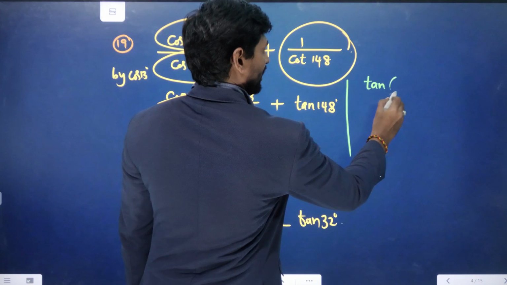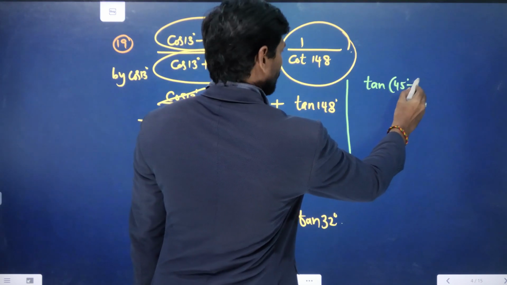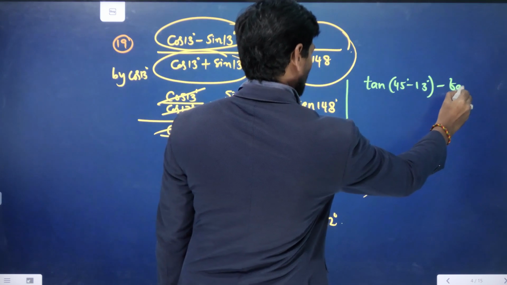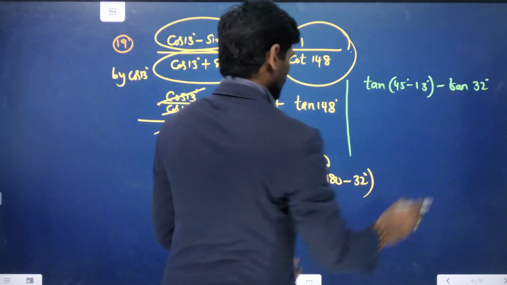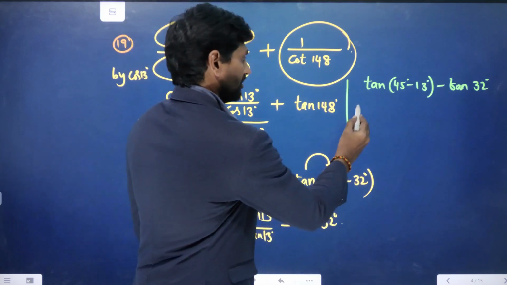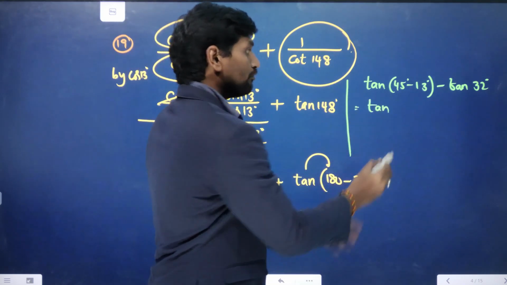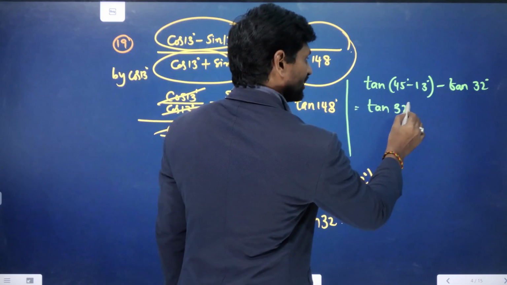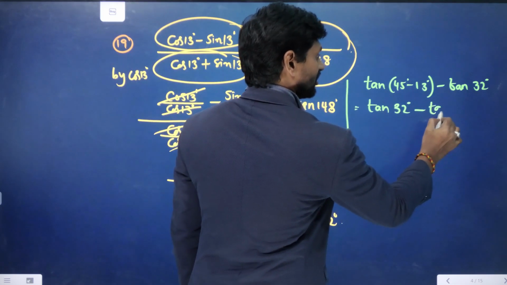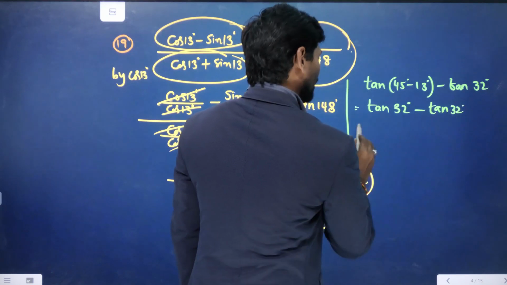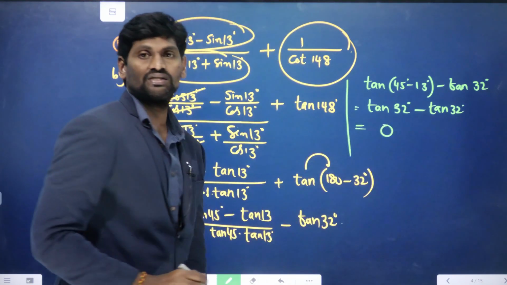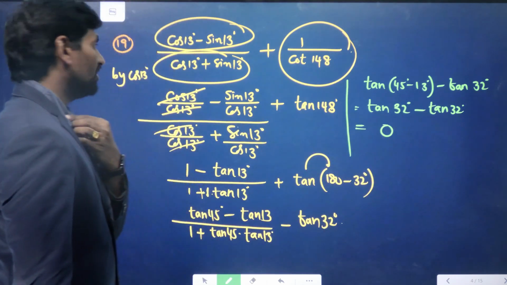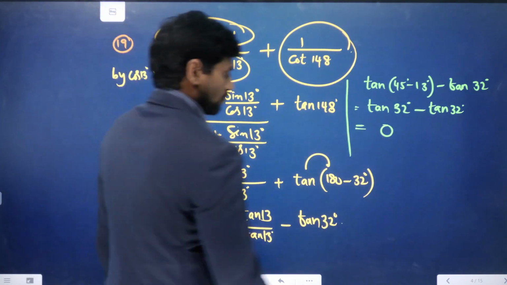That equals tan (45 minus 13) minus tan 32 degrees. Now 45 minus 13 is 32, so we also got tan 32. So tan minus tan, both cancel, the answer is 0. Okay now, please check this one and we'll go to the next problem.